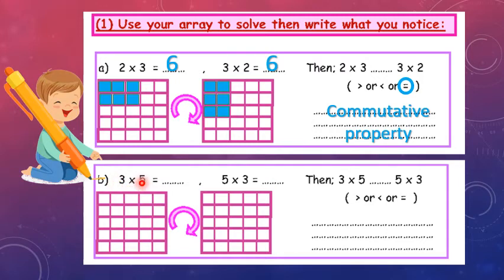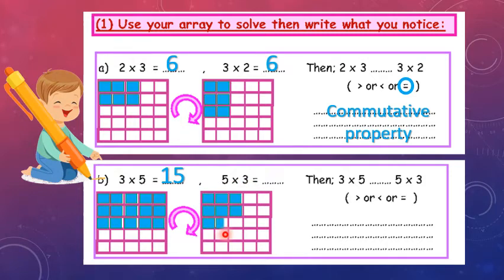Next one here we have 3 by 5. 3 rows, each row has 5 elements or 5 shaded parts, like this. 5, 10, 15. Then the number of all elements is 15. Here we have 5 by 3. It means that 5 rows, each row has 3 elements, like this. 3, 6, 9, 12, 15.